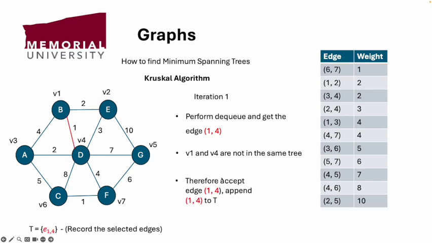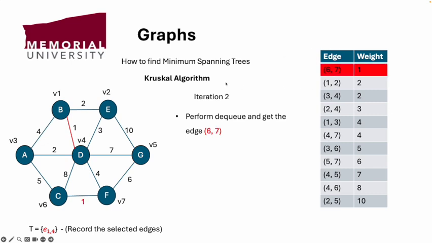So we accept the edge 1, 4 and insert it into this set. Now we pop 1 to 4 from the queue. Iteration 2, we dequeue the edge 6 and 7. So we perform the dequeue and get the edge of 6 and 7.